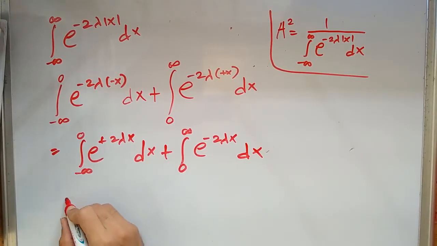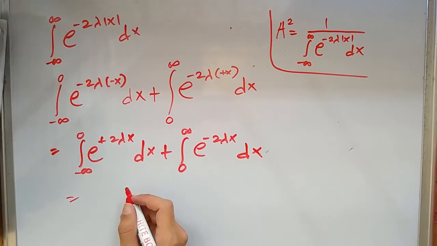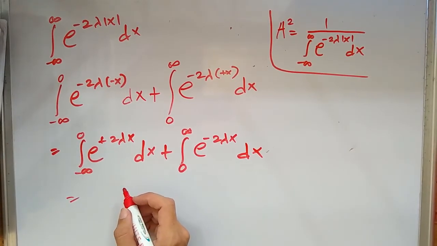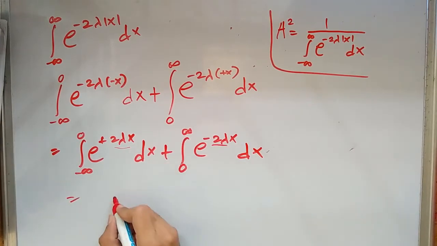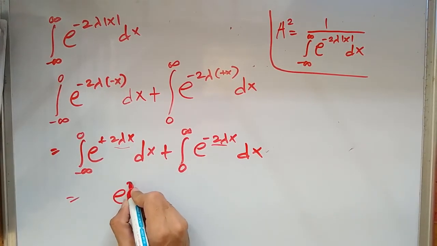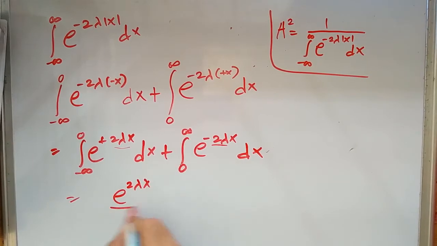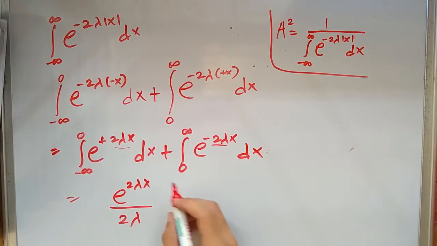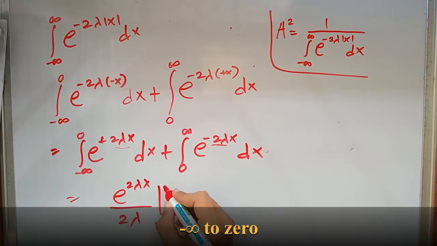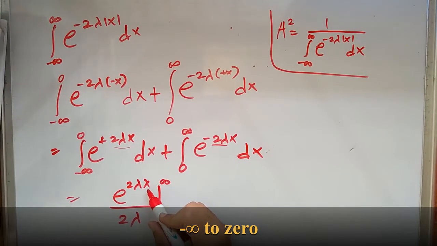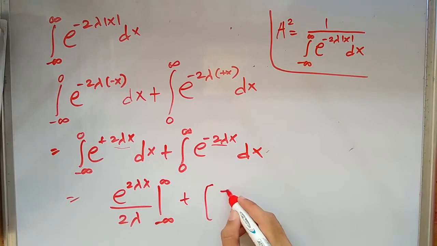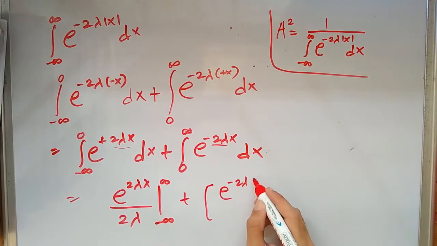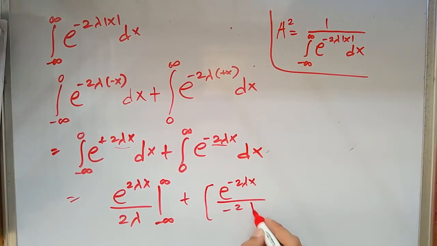So this is just a simple integration of an exponential function. So this is the constant value, 2 lambda and minus 2 lambda. So e to the power 2 lambda x upon 2 lambda, applying the limit from minus infinity to 0, plus e to the power minus 2 lambda x upon minus 2 lambda, applying the limit from 0 to infinity.